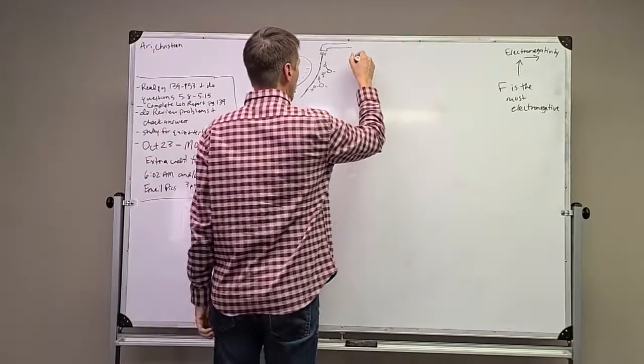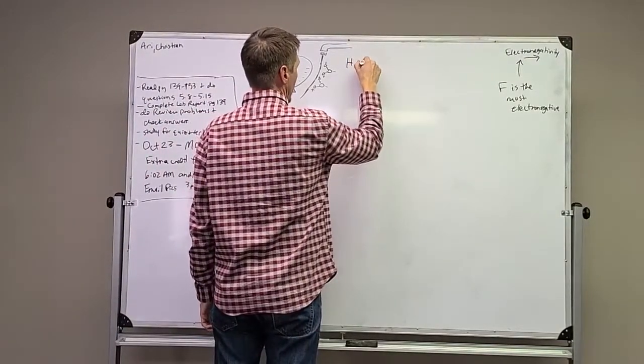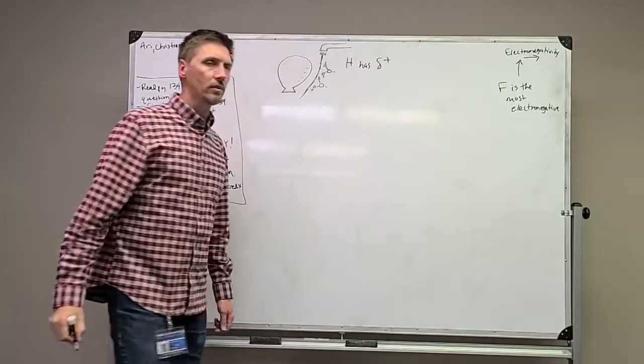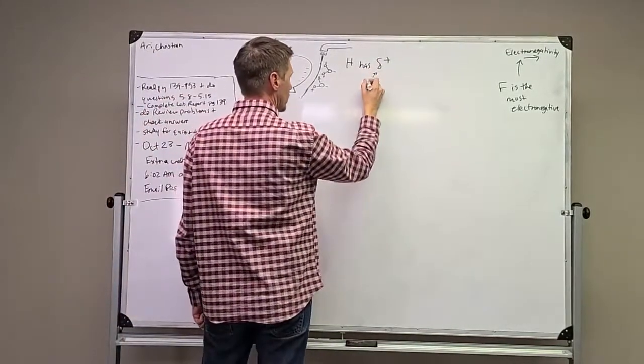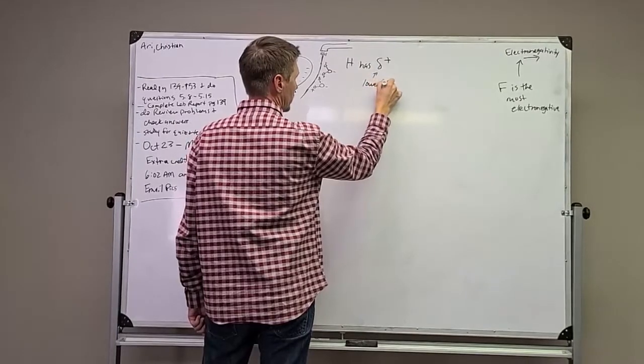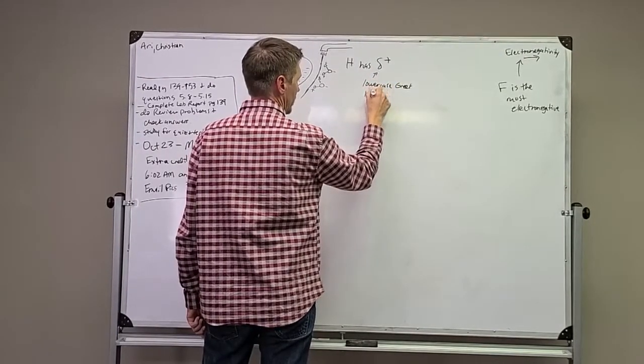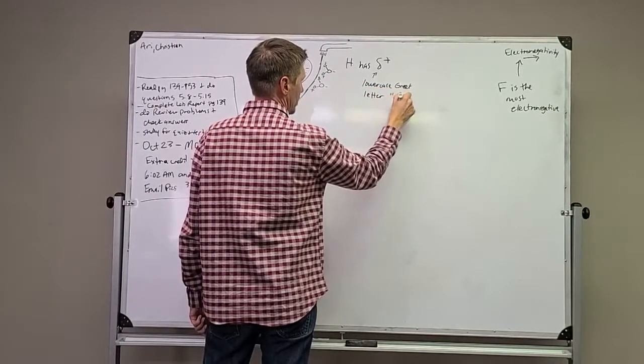So with the way that we write partial, hydrogen has a partial positive charge. We use a lowercase Greek letter delta.